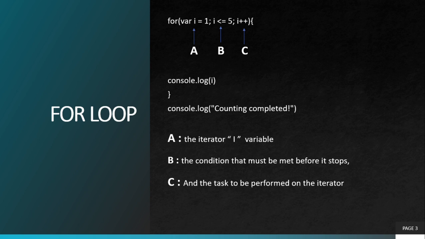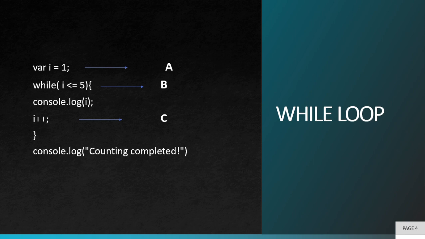So what do I mean? Here, the variable I equals 1, the incrementer, is outside the while keyword. Then you call the condition that must be met before it stops. Then inside the body you call the increment. So that is it for the while loop.